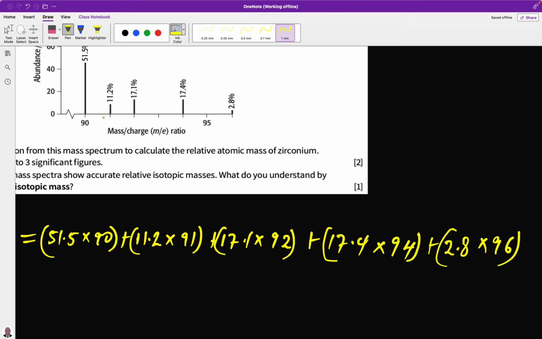Here you see that this is 90, this is 91, this is 92, this is 93. 93 has nothing, 94 has something, 95 has nothing, 96 has something.